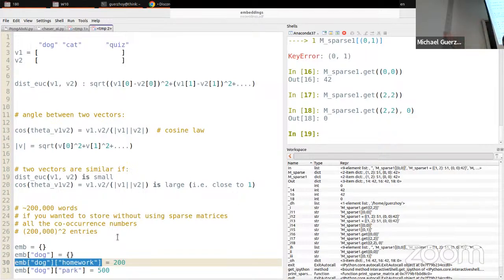So I'm going to go through all the possible words, and then for each word, go through all the possible words and figure out how many times they occur. That again gets you into the 200,000 squared territory of how many updates you need, and that takes a few days if you run it on your computer, probably.